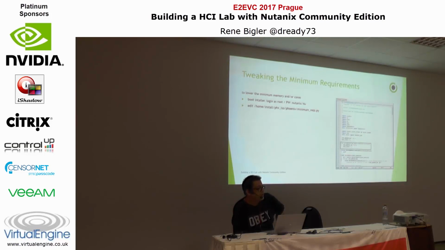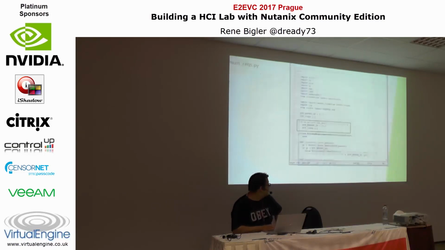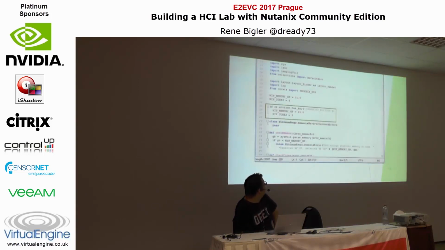Just log in with the root user, nutanix/4u is the default password, and do the edit here. You can set this minimum cores, basically it's 4, lower it to 2 cores and the installer will run.